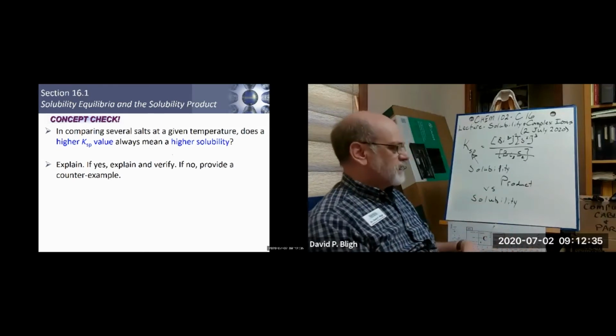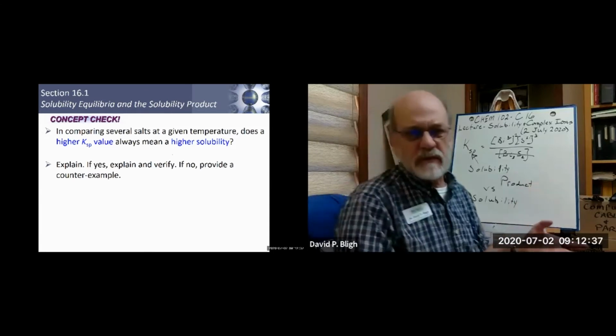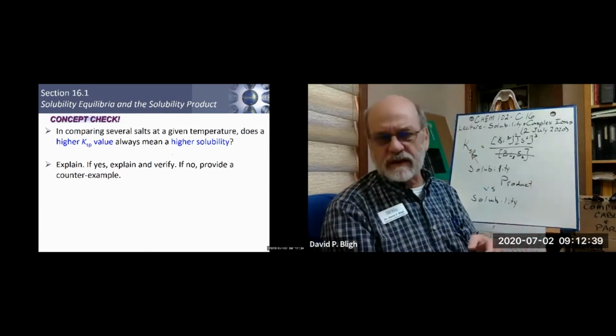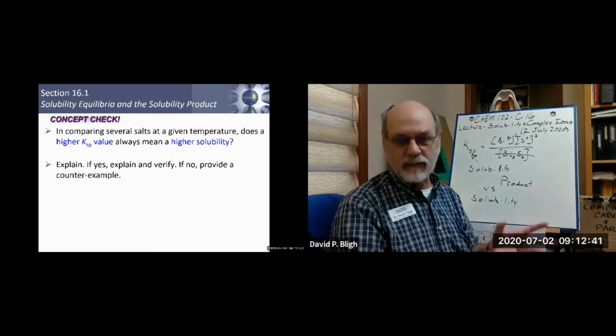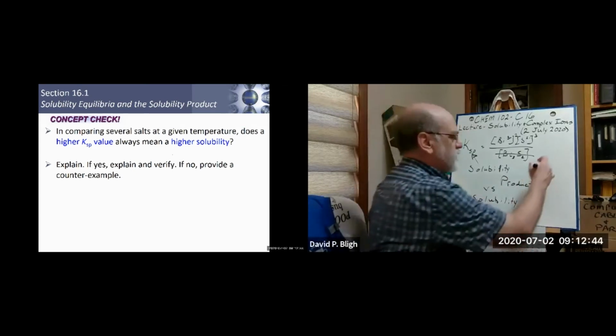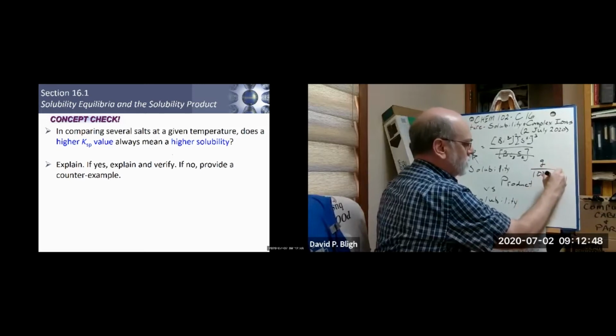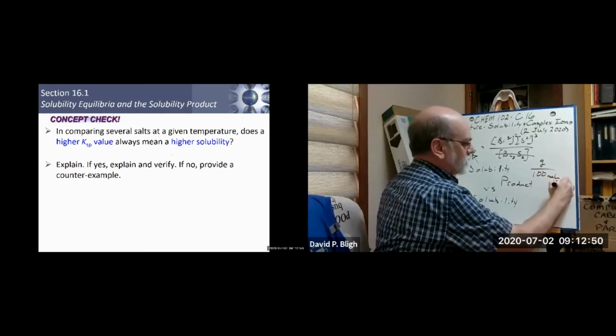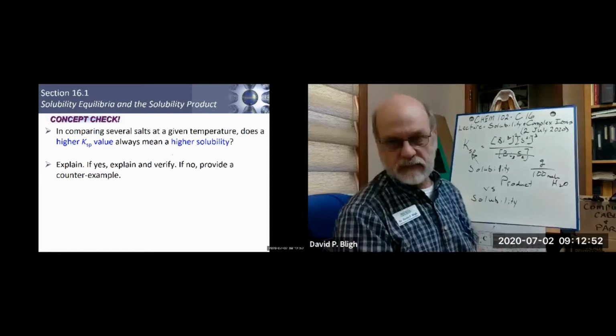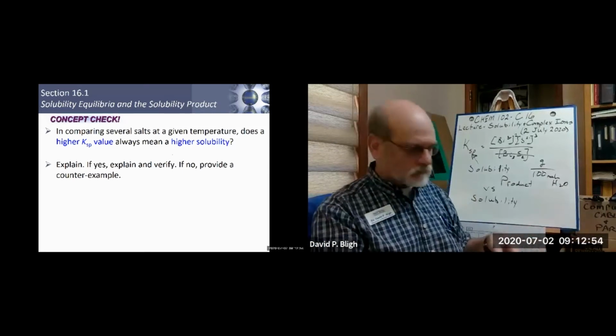And if you look up the values for solubility in the literature or in any handbook, there'll be something like so many grams per 100 mils of water. That's usually the way they express it.